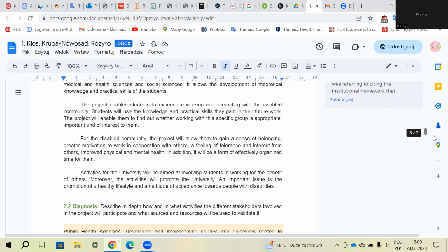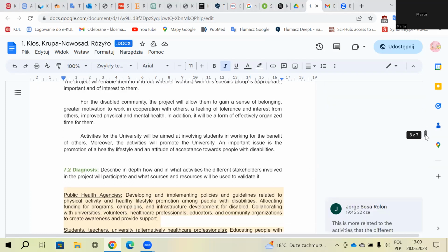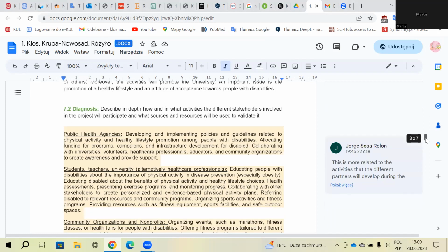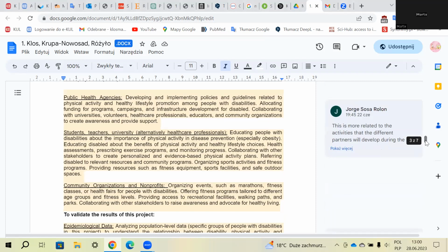And activities for the university will be aimed at involving students in working for the benefit of others. Moreover, the activities will promote the university.